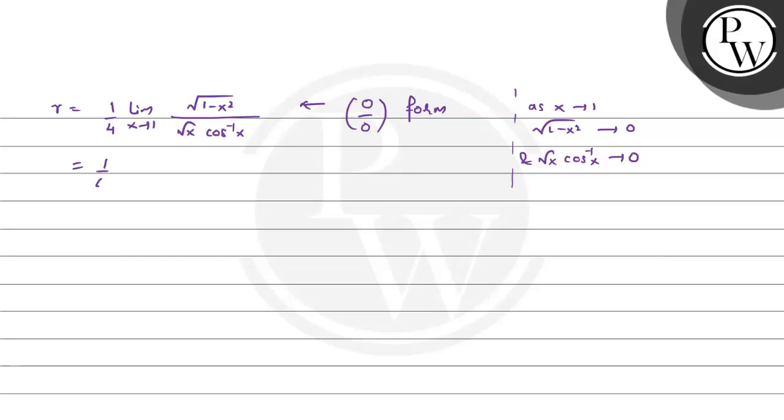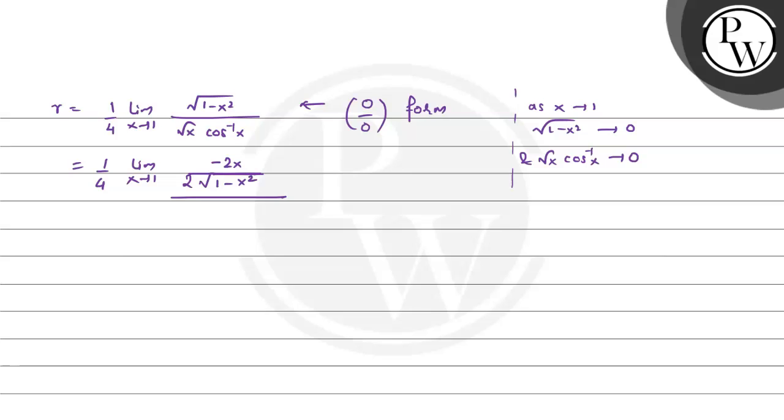So here we have 1 by 4 times the limit x tends to 1, derivative of the numerator, that is minus 2x divided by, so half times square root of 1 minus x squared, whole divided by derivative of the denominator. Here we have to apply the differentiation uv rule, so what will come here: derivative of the first function times the second function plus derivative of the second function times the first function.